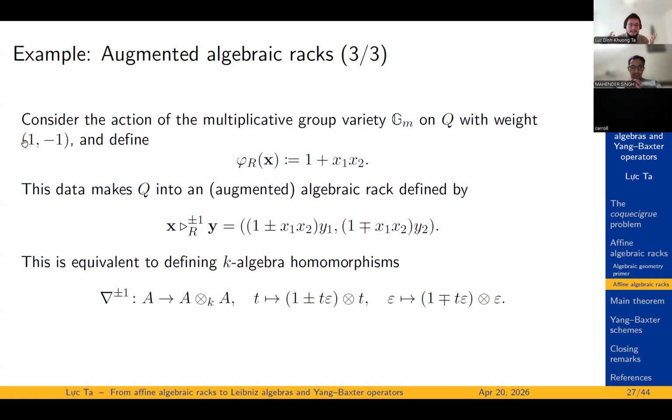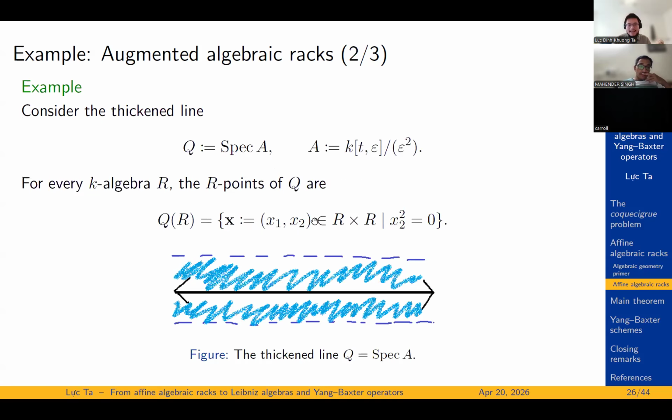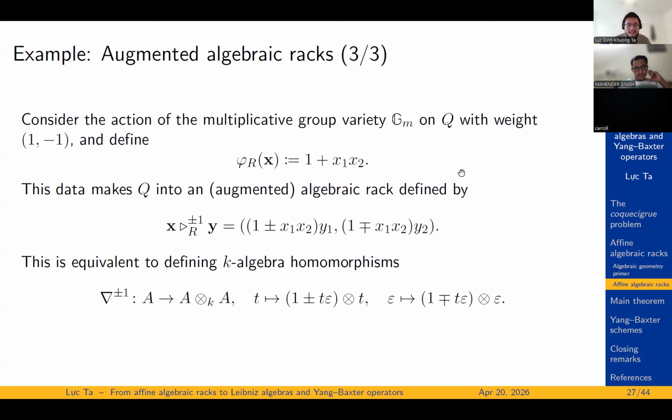So consider the action of GM on Q with weight 1 and -1. In other words, have it act by multiplication on the first coordinate and then multiplication by the inverse on the second coordinate. And then you take this map here. And you can check that this satisfies the axioms of augmented racks.